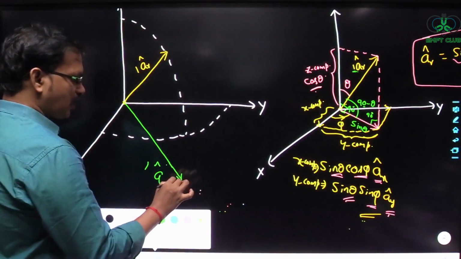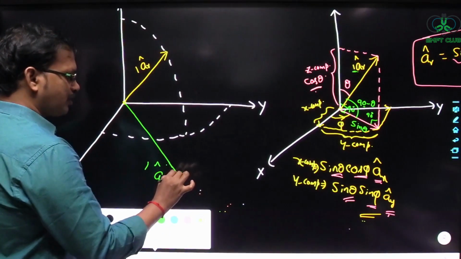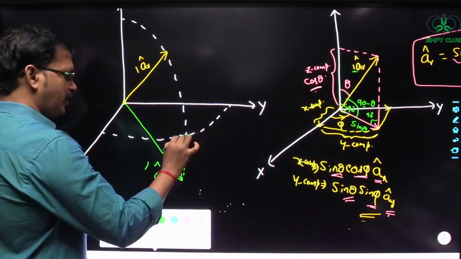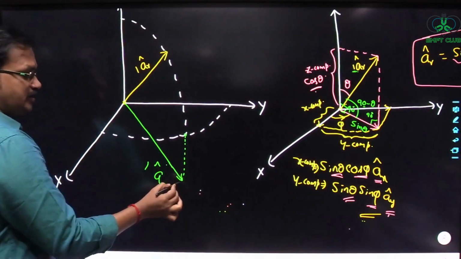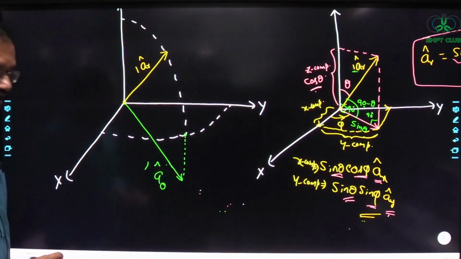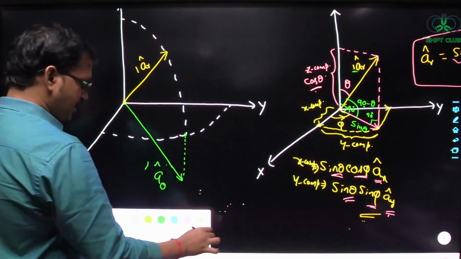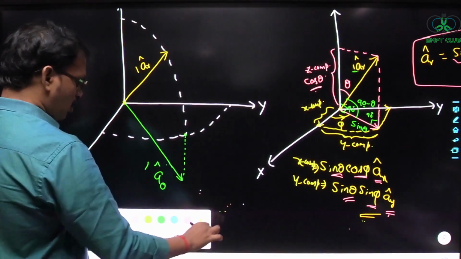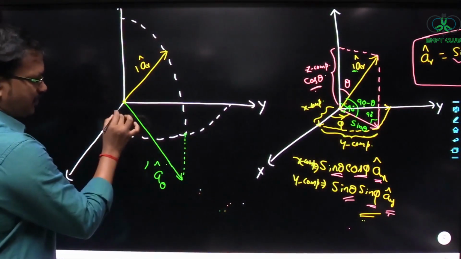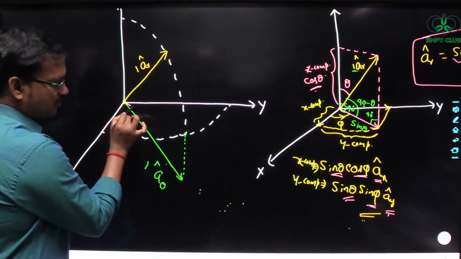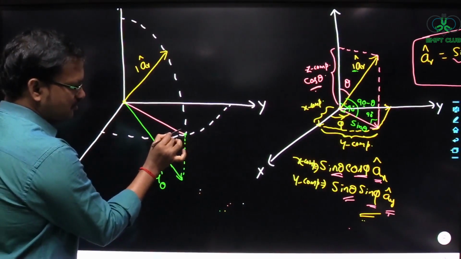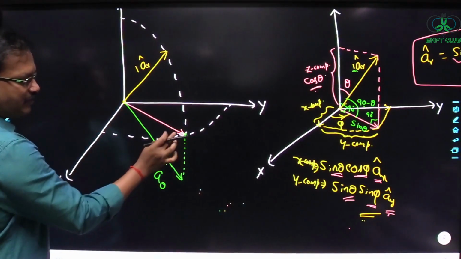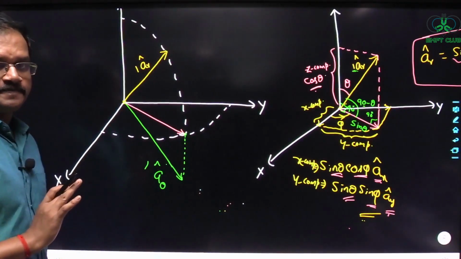If I drop a normal from the head of a theta cap onto the xy plane, you are going to get the component of a theta cap in the xy plane. That is nothing but this one, right? So this is the component of a theta cap in the xy plane.